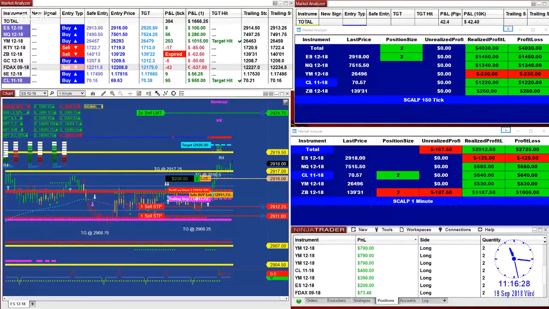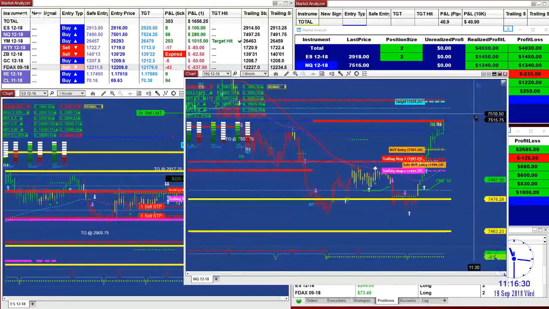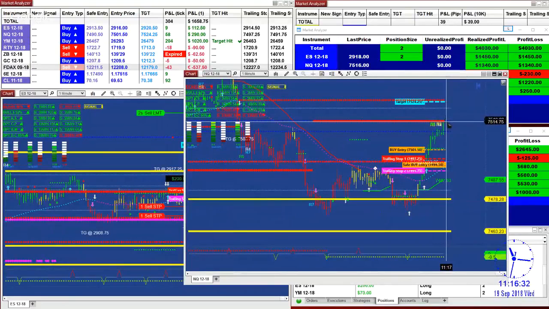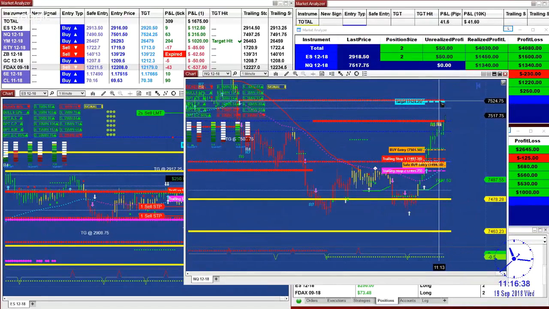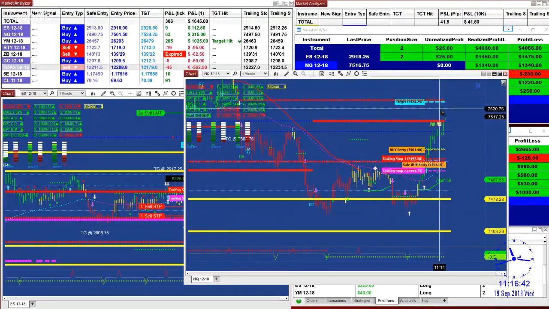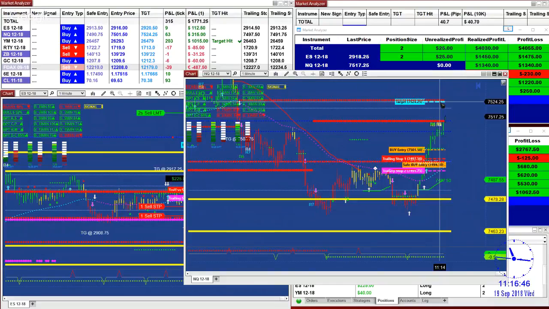Now the last stop on the Nasdaq is right there. This is struggling on the 15.25, but we're about to break, and then we are about to hit the target at 24.75. We still have a small bumper at 21 level, and then we are heading to the final target at 24.25.